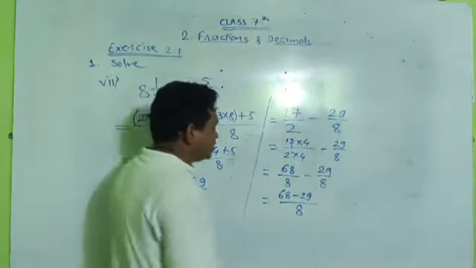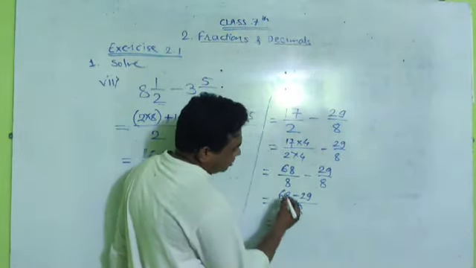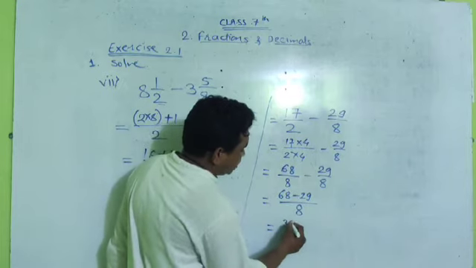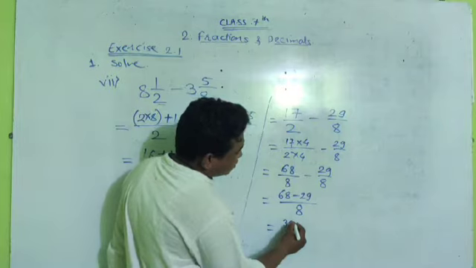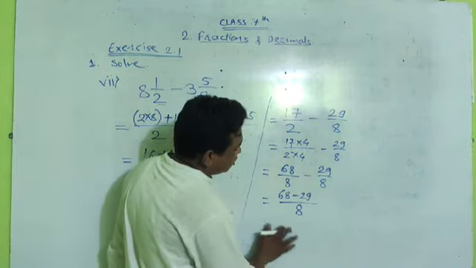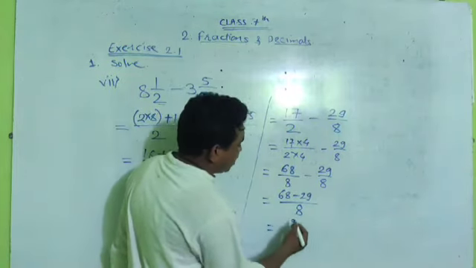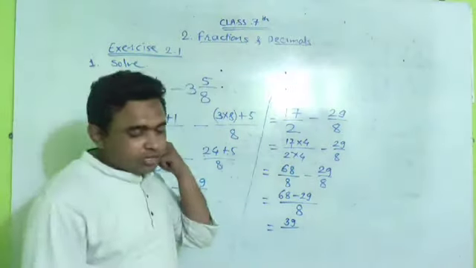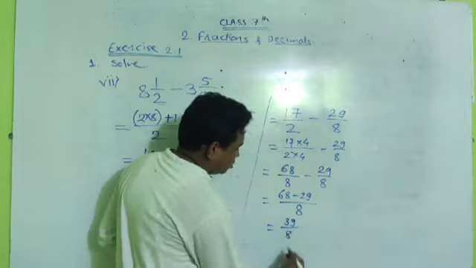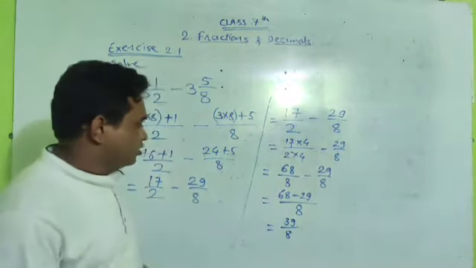What will be the answer? That means this answer is 39. Okay, is it correct, students? Sorry, not 39, 9 carry 1, that is okay, 39 is the correct answer, upon 8. So this will be the answer.